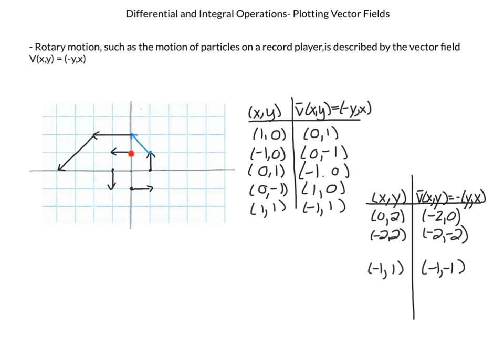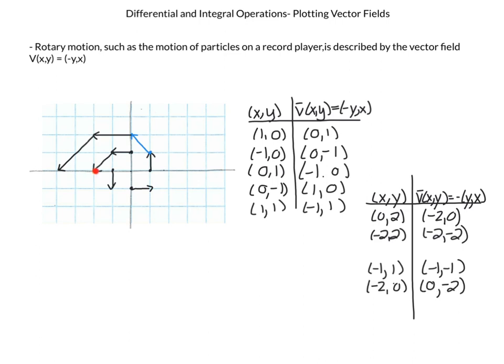I can start maybe over here and see if I can get more of a path. So the ending point here is x equals -1, y equals +1. When I plug that into my vector field, I'm going to get -1, -1. So that -1, -1, I'm just going to trace it with my light pen, is this angle that goes 45 degrees. So I'm just going to draw that directly in here.